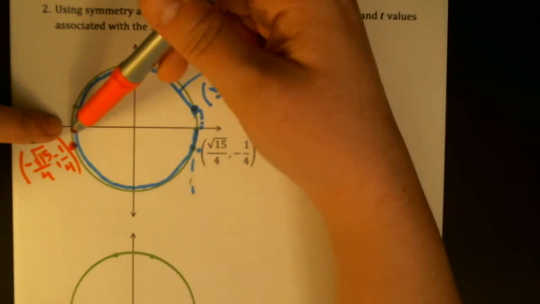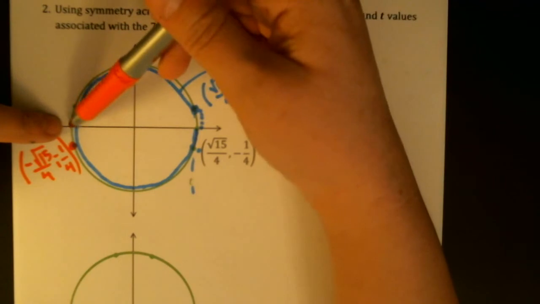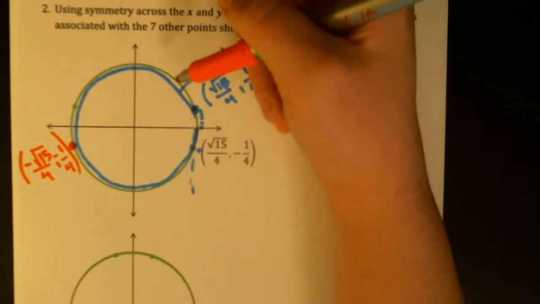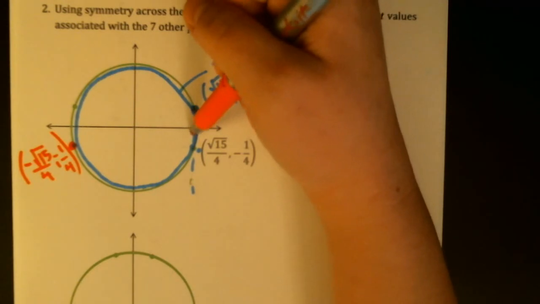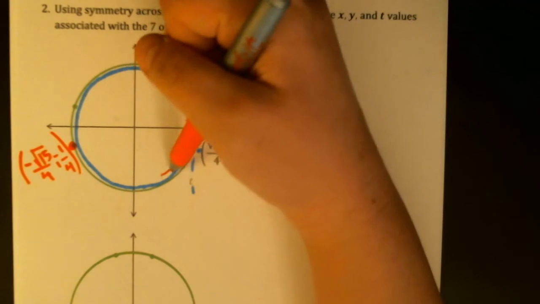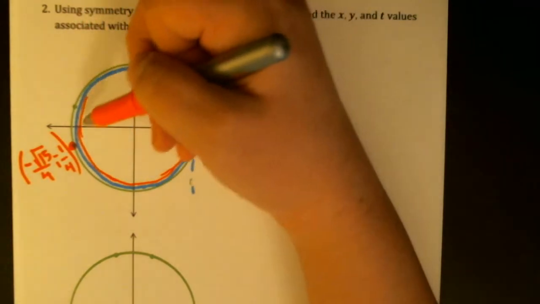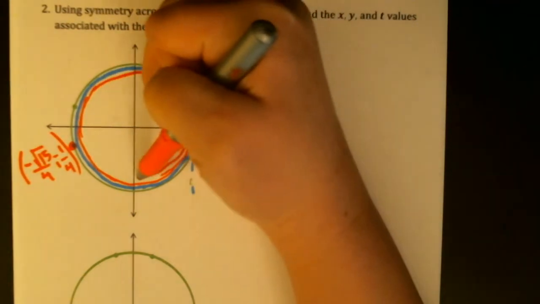So you could go pi minus t, or you could go negative pi minus t, just depending on what you want to look at there. So if we go negative pi minus t, so that there's no turning around, you would go all the way around this way, and then almost all the way around again.